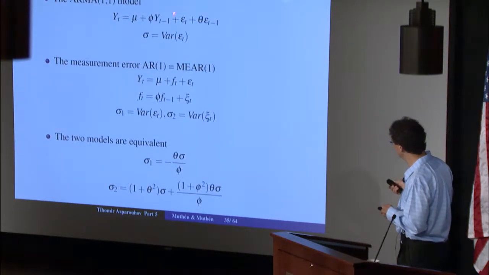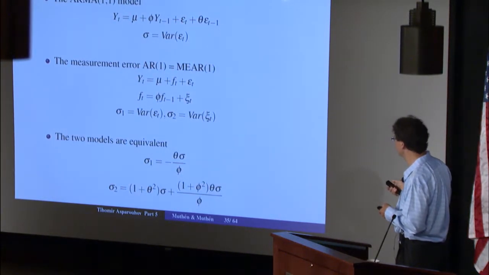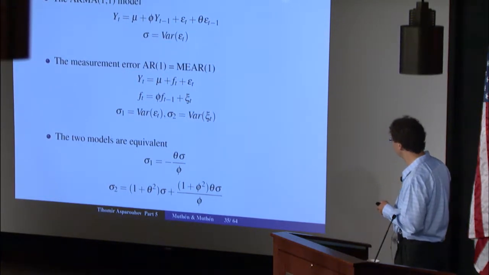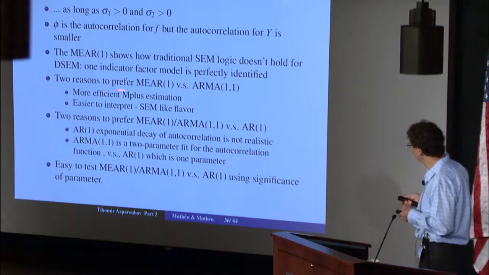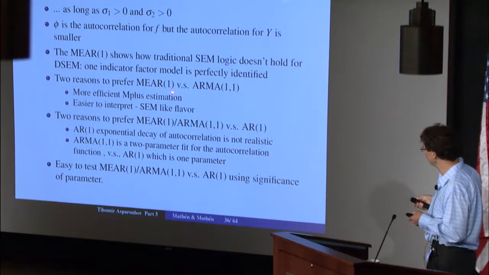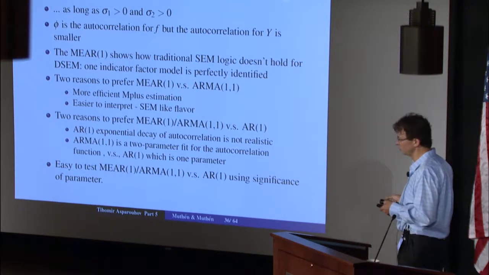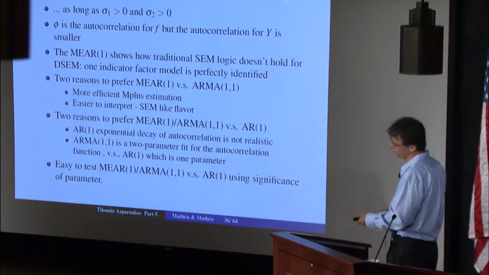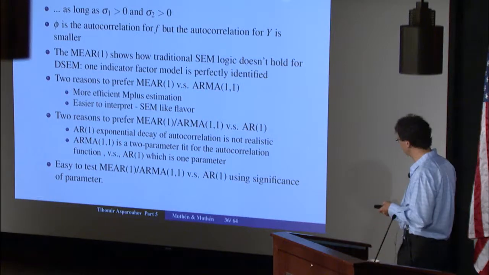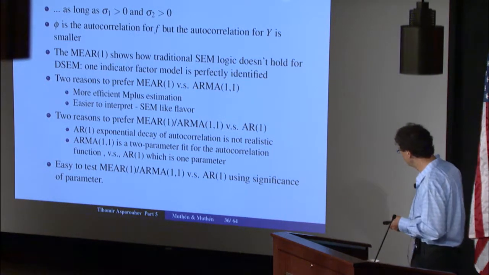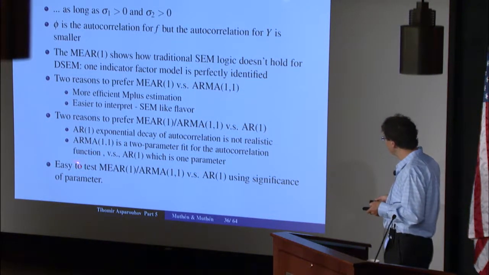You basically have to set up these residuals as factors, and then in addition to that, you have to introduce another factor with 0 variance. So the Mplus estimation of the MEAR1 model is more efficient. The MEAR1 model is also easier to interpret from a SEM perspective. You have just measurement error, with standard measurement error interpretations.